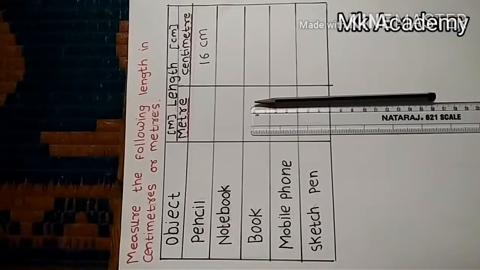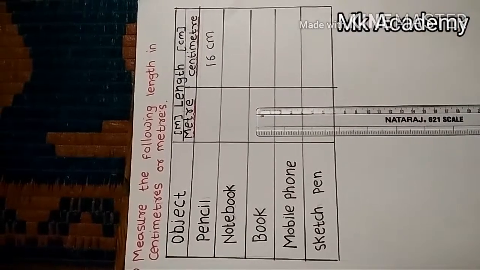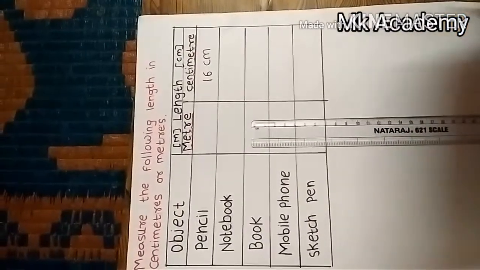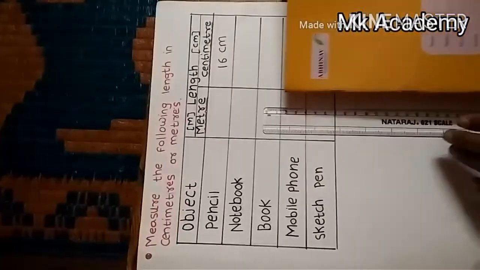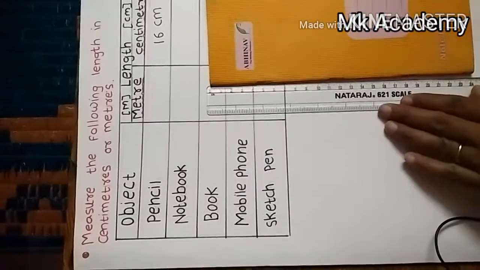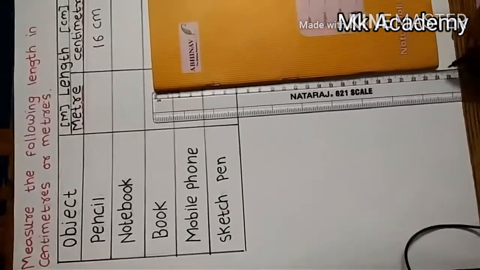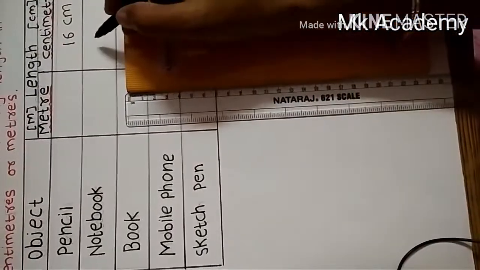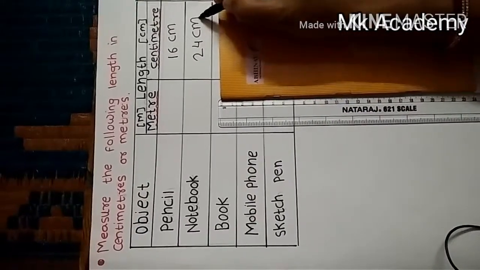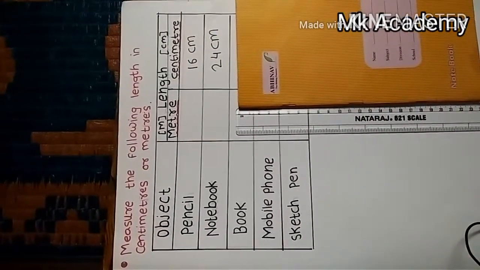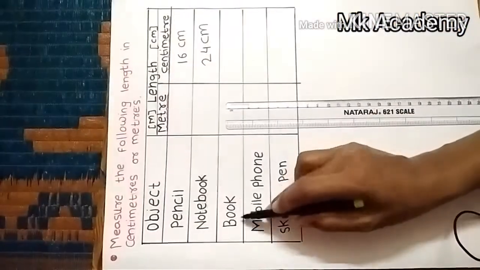Now we measure the length of the notebook. This is a notebook and we have to measure its length. We put one end of the notebook on 0 and observe the second reading, 24 centimeters. The length of this notebook is 24 centimeters. Now we have to measure the length of a book.